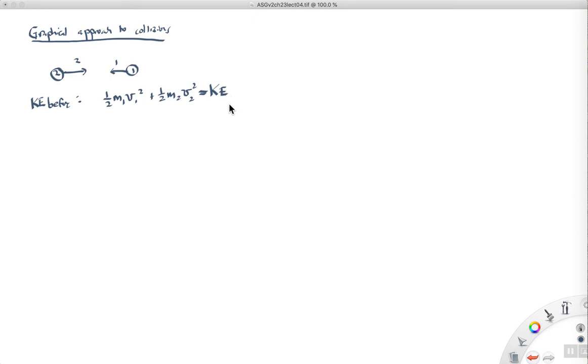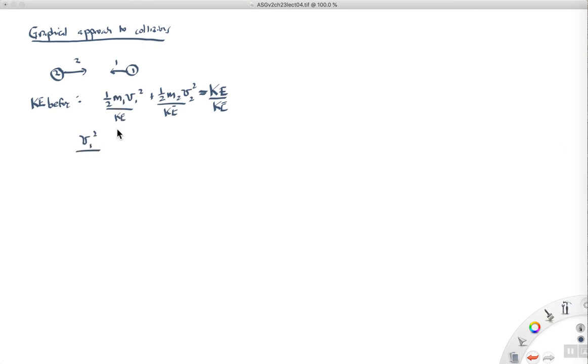Okay, now I'm going to rearrange this formula a bit and represent it graphically. So I'm going to divide both sides by the kinetic energy.